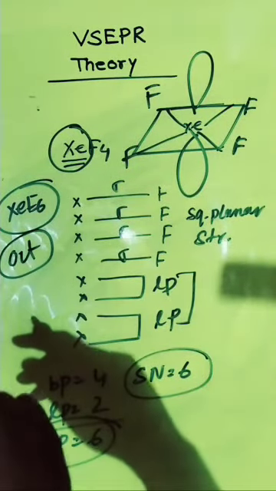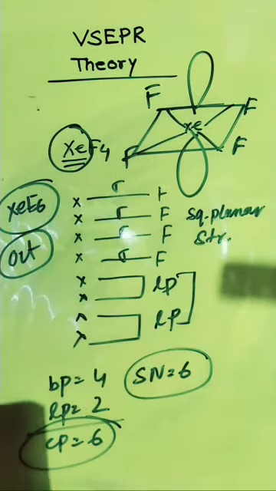VSEPR theory cannot explain this fact, and this theory does not apply to many compounds of the transition metals and systems having extremely delocalized pi electrons. So these are a few drawbacks of VSEPR theory.